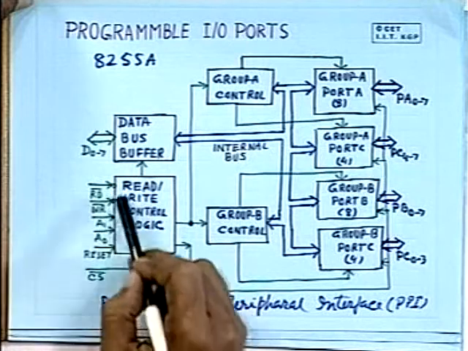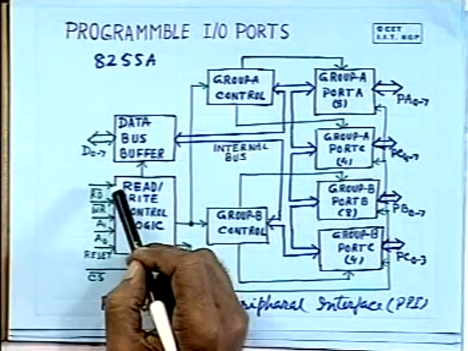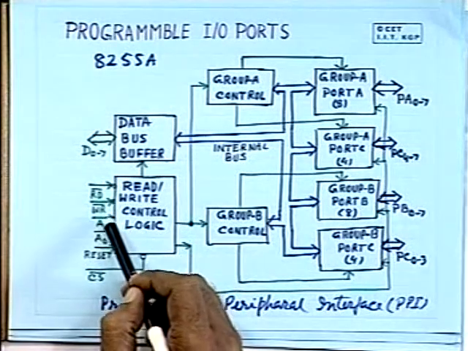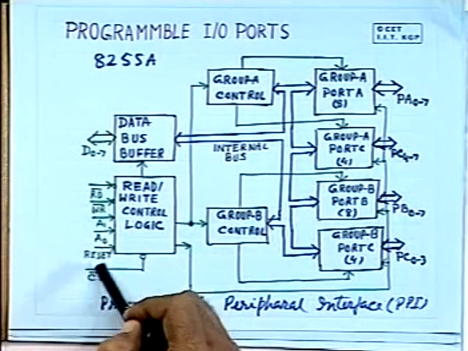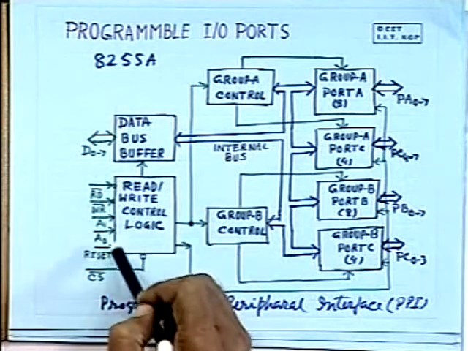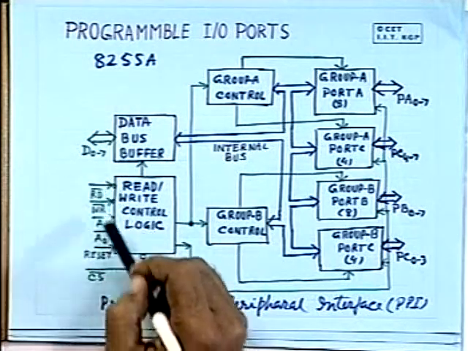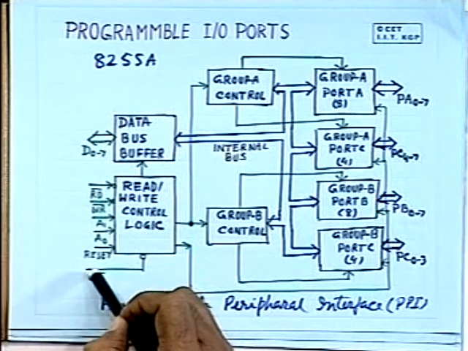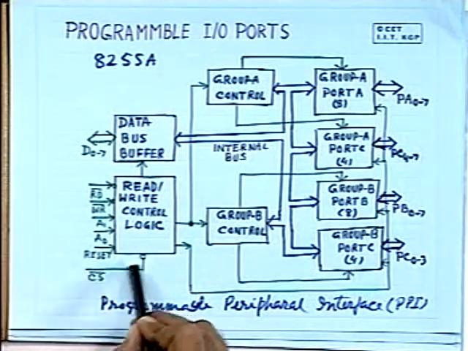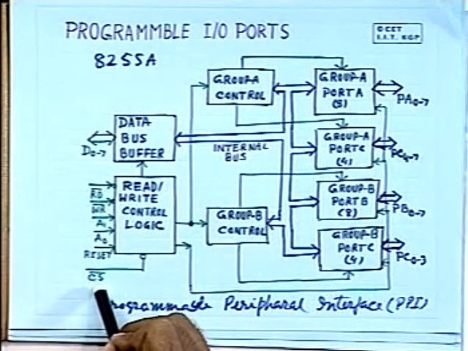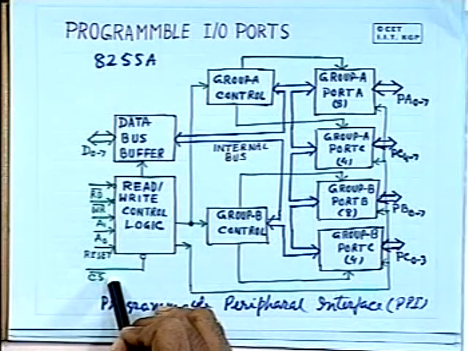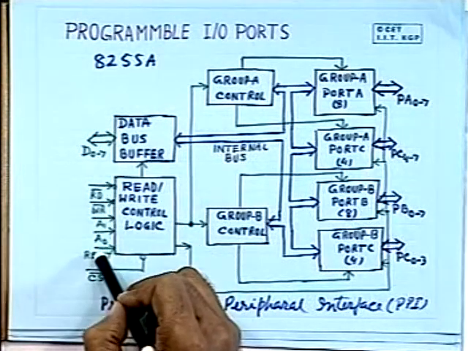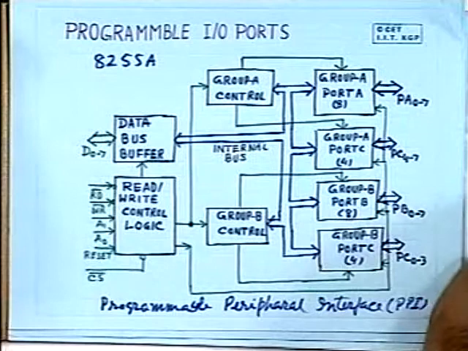It has read write control logic, and the read, write signals and address lines A1, A0, reset, chip select are the necessary control signals that have to come either from the microprocessor or be generated. For example, the chip select signal has to be generated with the help of a suitable decoder circuit, and the other signals come directly from the microprocessor. So this side will go to the microprocessor.